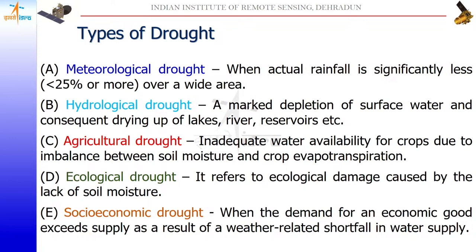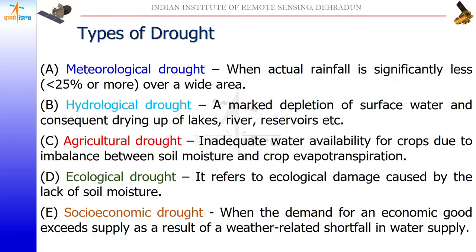First, meteorological drought is when the actual rainfall is significantly less, by 25%, over a particular wider area based on the long-term average of that area. Then hydrological drought is a marked depletion in surface as well as subsurface water, which may lead to the drying up of lakes, reservoirs, and rivers, and create a hydrological imbalance in the area.